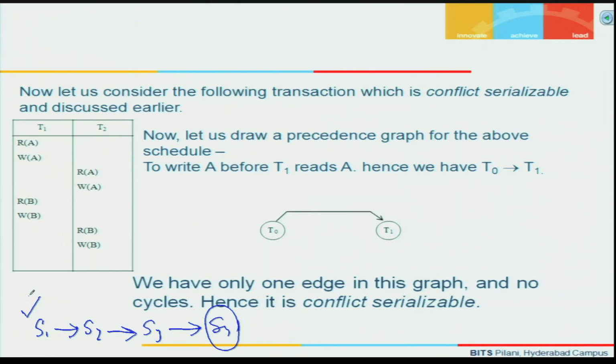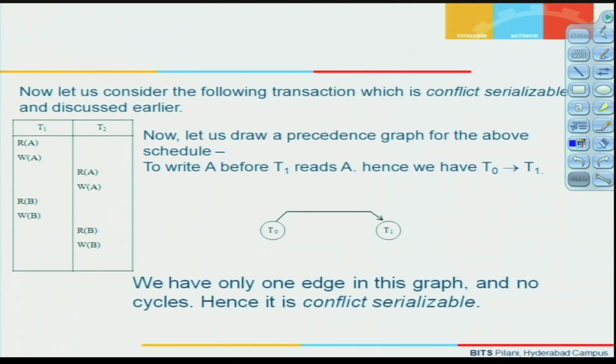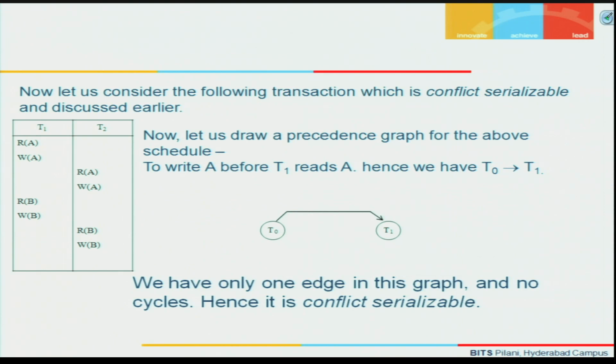Now let us try to check the same thing using this precedence graph, the technique we are using to identify whether a given schedule is serializable, conflict serializable or not. T1 and T2 are there. Let us consider it as T1, and this is T0.